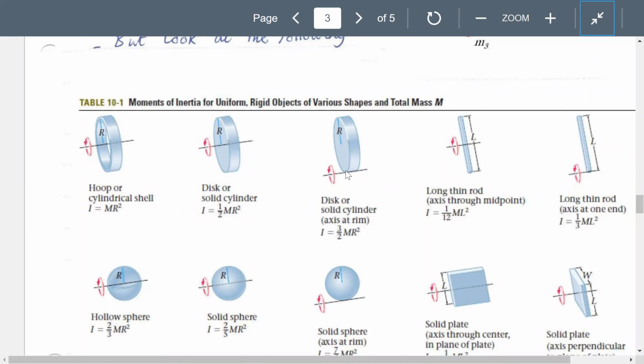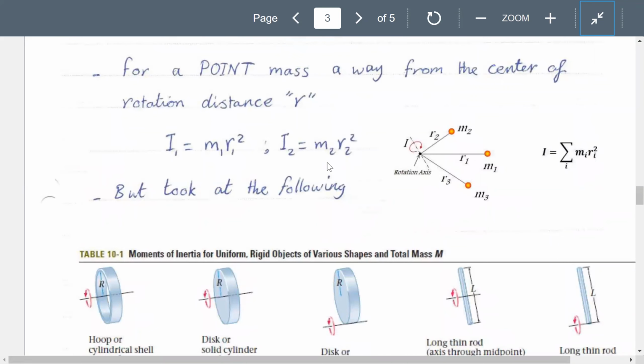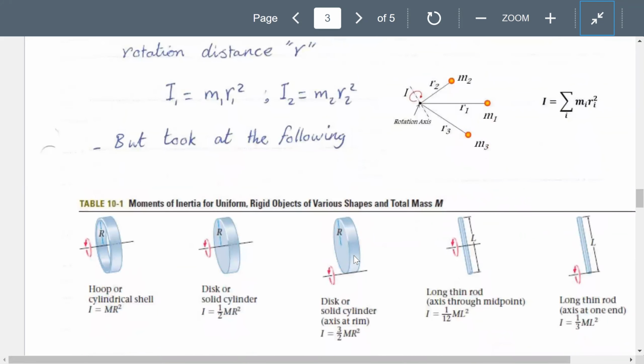Is it from the axis of rotation, center of rotation, to the center of the mass, or for any? We have many radii here because this object is not a point mass, it is an extended object. Because of that, we cannot consider the moment of inertia for an extended object as the point mass.